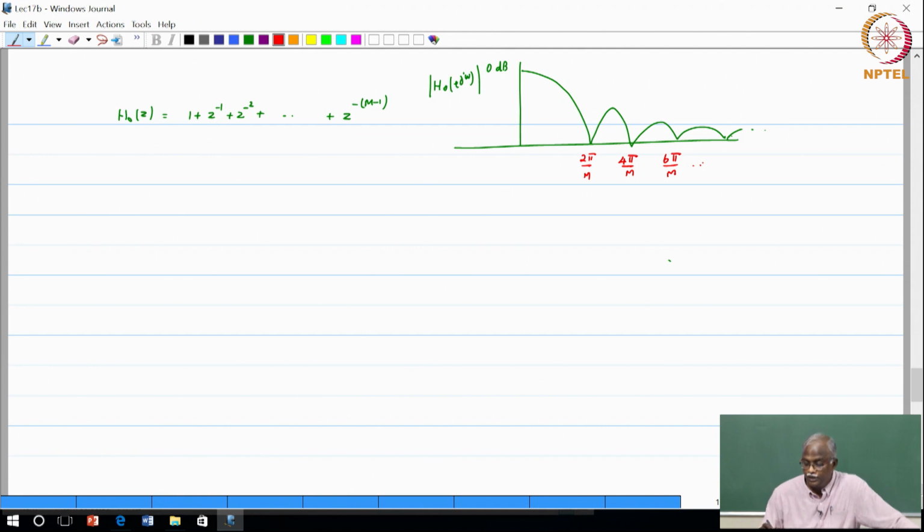Another important element is that the first side lobe is at minus 13 dB. I am sure you would have verified this in the course of your filter design.